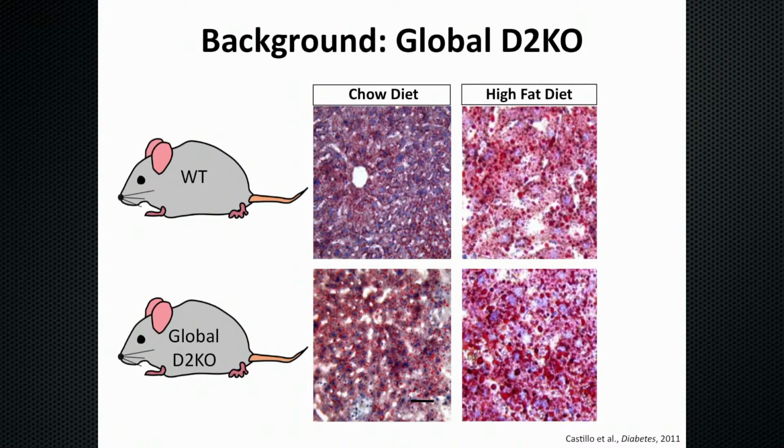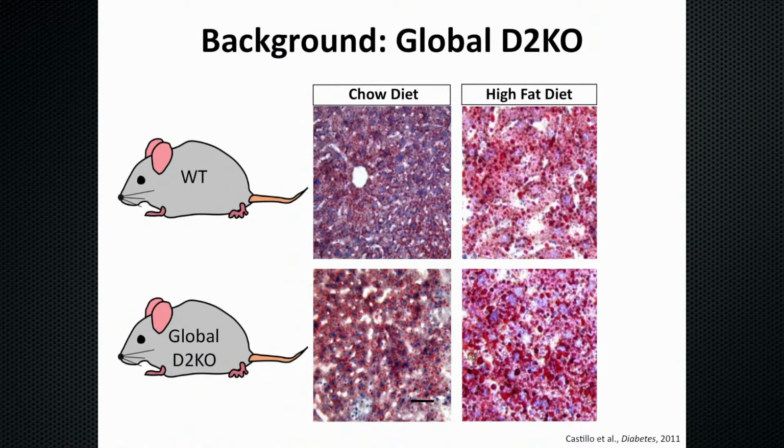But when you place them on a high-fat diet, of course, steatosis is induced and you get those nice red droplets. But when you look at the global D2 knockout mouse, you see something very interesting. First of all, at baseline on the chow diet, there is more fat in the liver of those mice. And then when you place them on a high-fat diet, there is even more fat. So the global D2 knockout mouse has liver steatosis at baseline, and this is induced even further by placing on a high-fat diet.